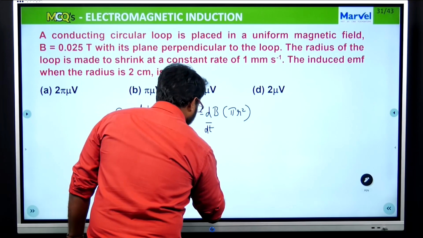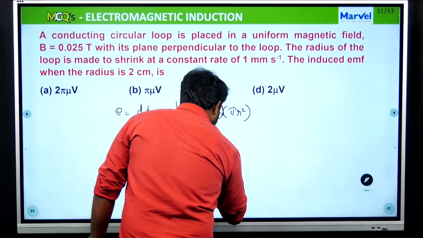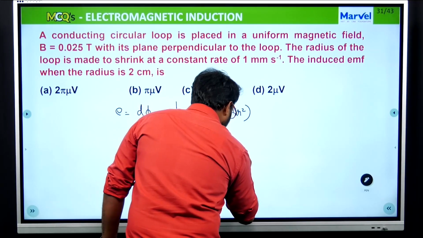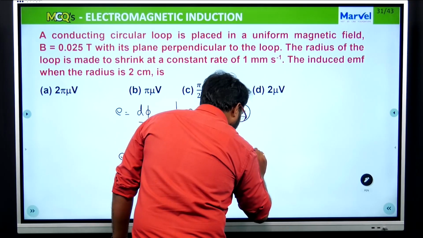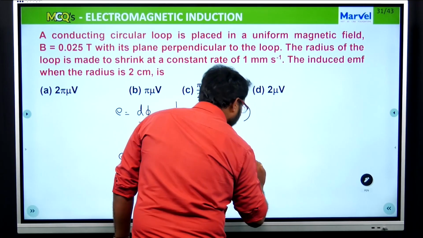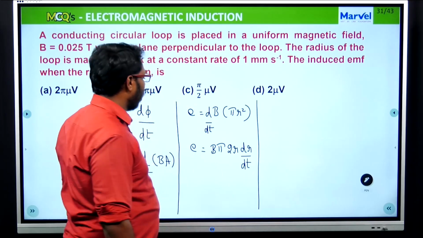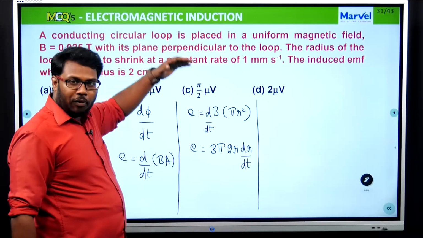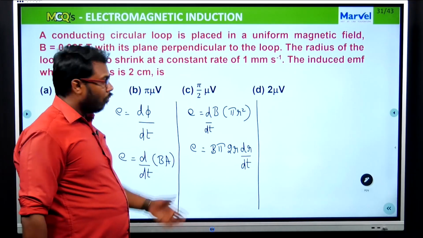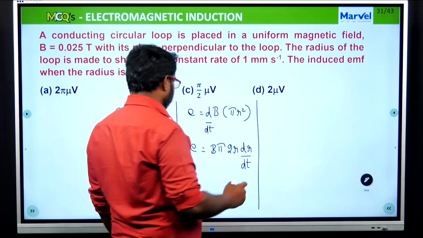So E is equal to B into pi into 2R into dr by dt. Now all we have to do is plug in the values that are given to us in the question.